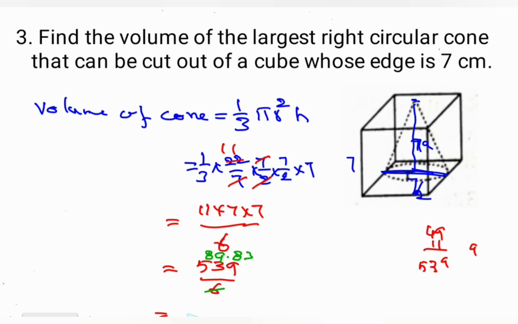This is equal to 89.83 centimeter cube. The volume of the cone is 89.83 centimeter cube.